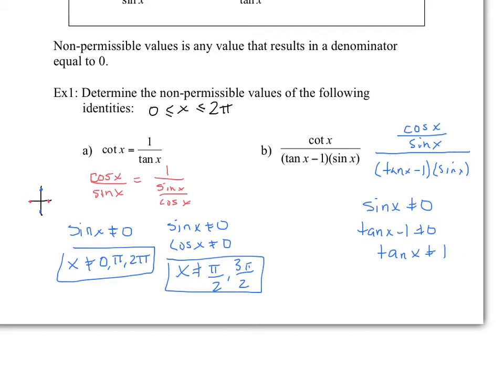Let's solve the first one first. x cannot equal 0, pi, and 2 pi, according to the interval that I gave here. And the second one, where is tan equal to 1? I hope you can think of the spots. It's simply pi over 4 and 5 pi over 4. And those would be the non-permissible values of tan.